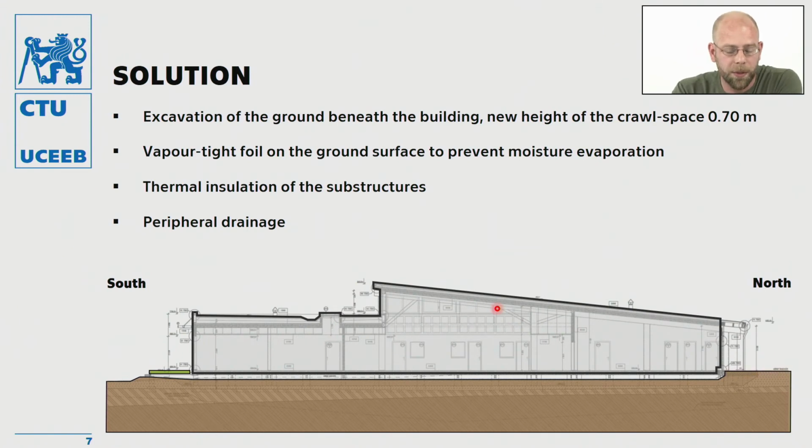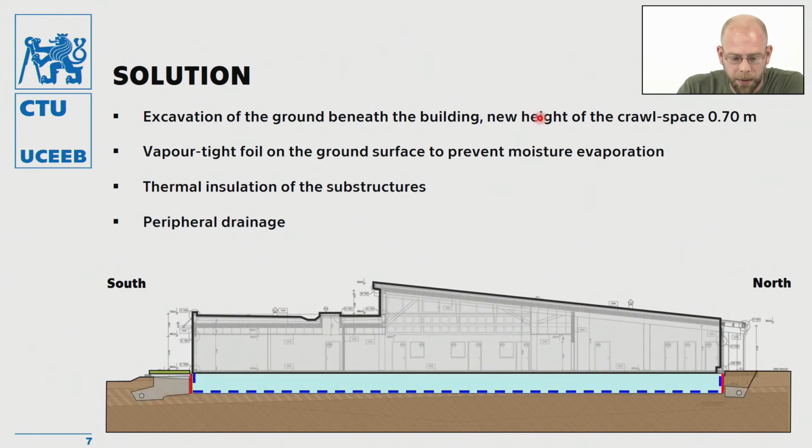Well, what was the solution to all these problems? At first, it was necessary to make the crawl space accessible. Therefore, the ground below the floor had to be lowered. Some half a meter of soil had to be excavated.